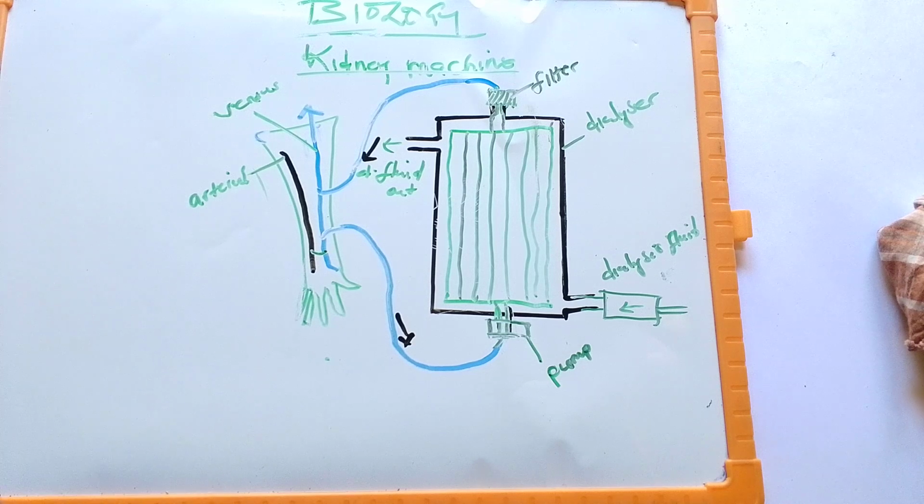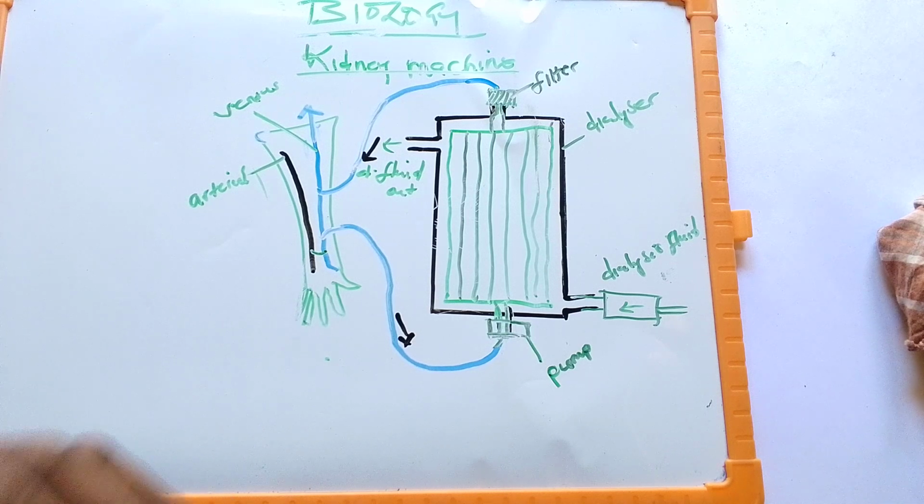Maybe the person has a kidney infection, or was involved in a road traffic accident, or any other physical aspect which can affect the kidney. So for the person to survive, they need to use a kidney machine or a dialysis machine.